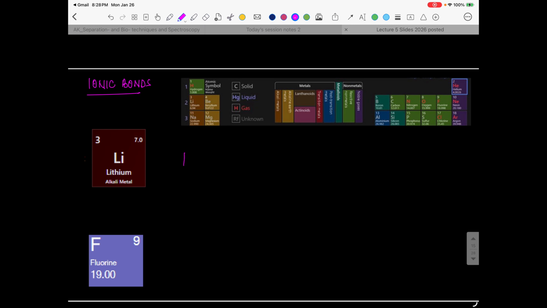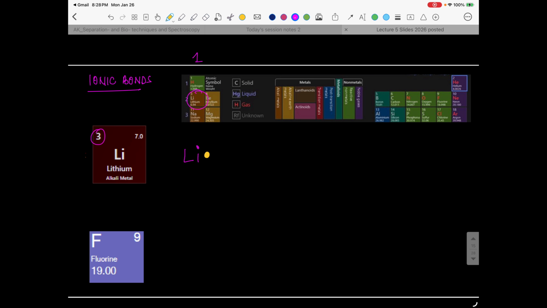Lithium has one valence electron because it's in group 1 here. So you can show it as lithium with one electron. Now, in order for lithium to complete its octet, it will require 7 more electrons to become neon. If it has to go all the way to neon, it means that lithium needs 7 more electrons.